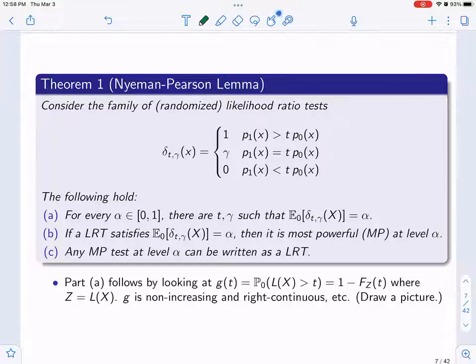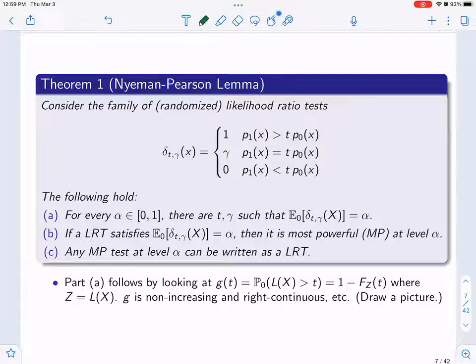You don't get 0 divided by 0. So for a formal proof or for a formal statement, this is the preferred version, but it's just basically the likelihood ratio test. You can see if you divide both sides of these conditions by p naught of x, you get the same sort of expression as before.